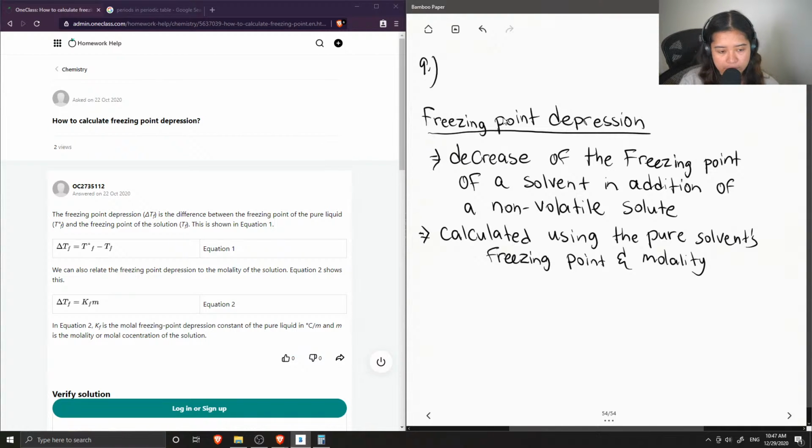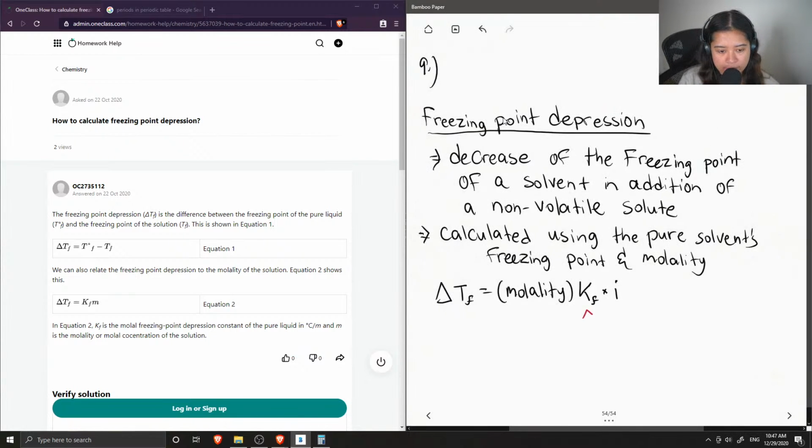Okay, so I'll show the equation. So the freezing point depression is equal to molality, which is moles per kilogram of solution, times Kf times I.